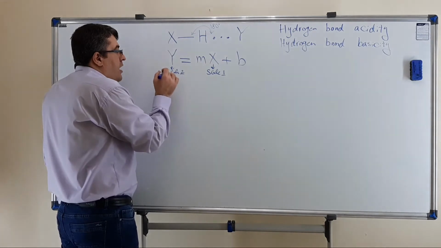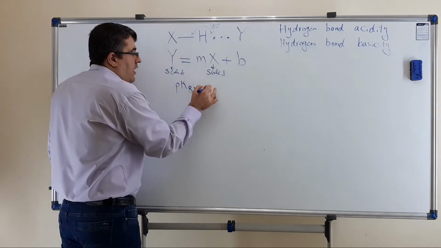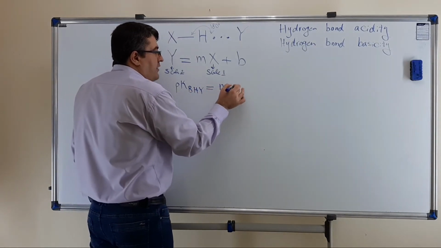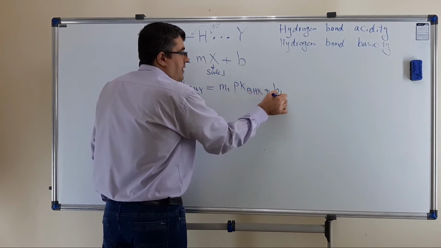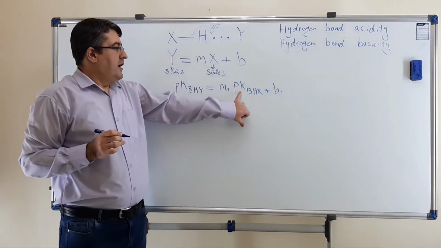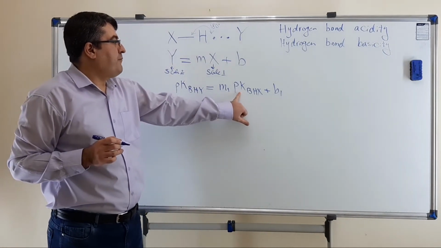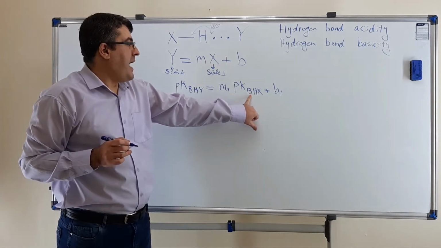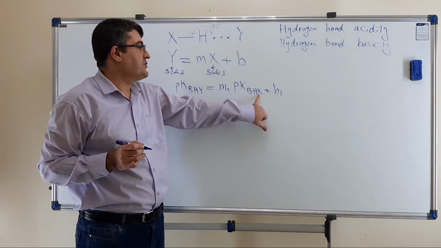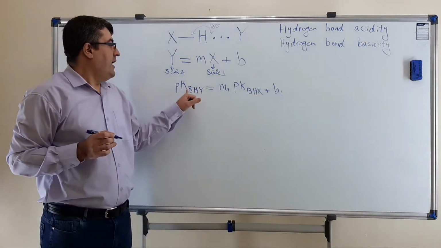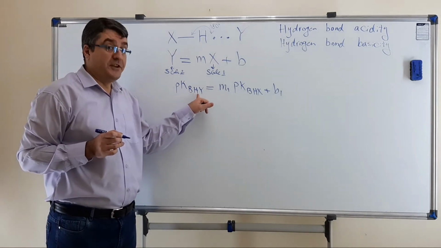Its general form might be written like this. pKBHY is equal to M1 times pKBHX plus B1. This scale shows values of pK for basicity of B towards the reference hydrogen bond donor HX. While here, for this case, the reference hydrogen bond donor is HY.